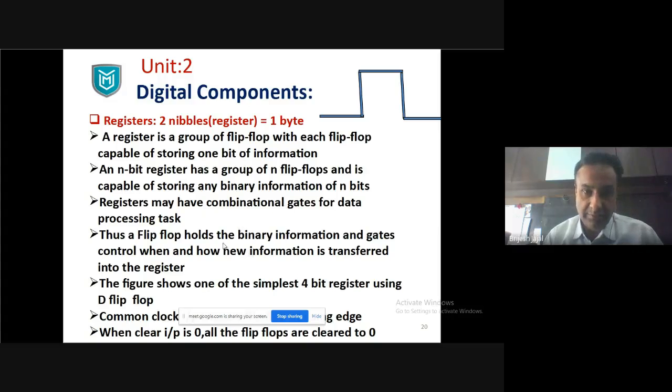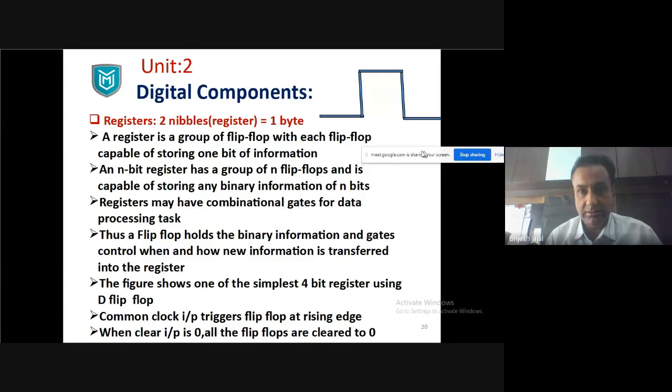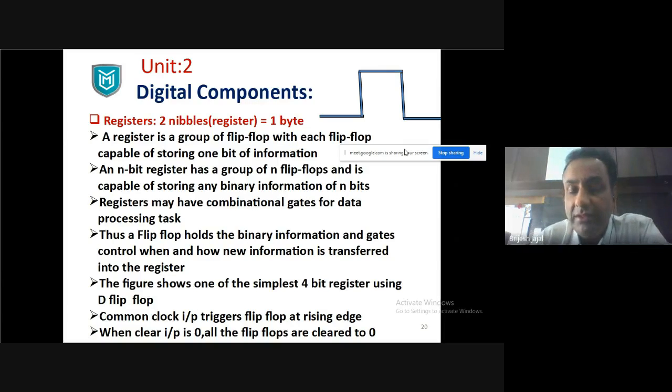This is an example of what a register is and how to use a register. First, there is one byte. Usually we do everything in terms of bytes in computers, right? You get 8 bits, one group of 8 bits is formed, which is a single byte. But sometimes we use a nibble.